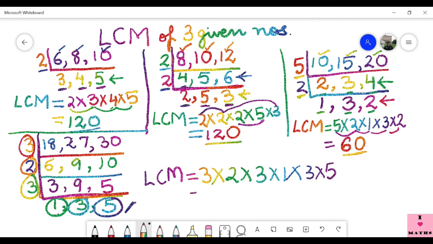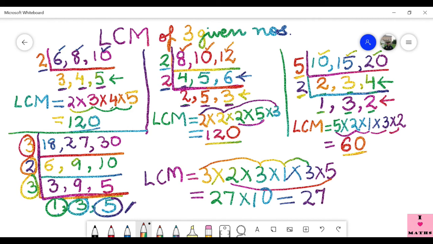Okay, now 2 5s are 10 and 3 3s are 9, 9 1s are 9 and 9 3s are 27. So 27 multiplied by 10 is equal to 270. So dear children, 270 is the LCM of 18, 27 and 30.